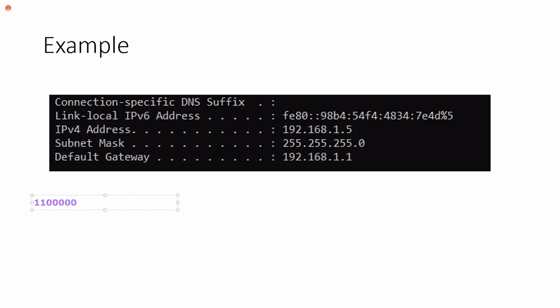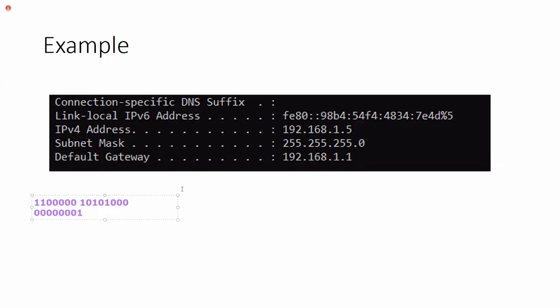Then 168. 168 means 128 plus 32 plus 8, so 10101000. Then 1 is 00000001.